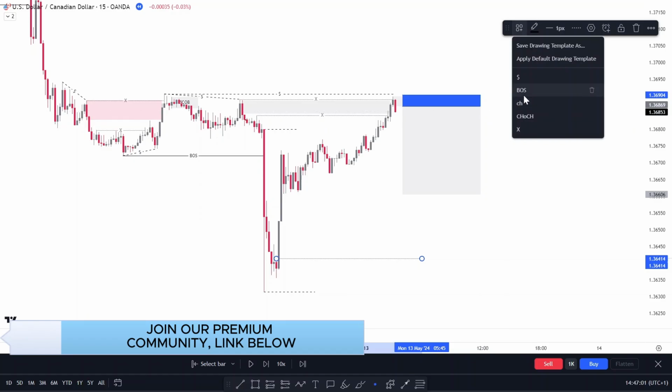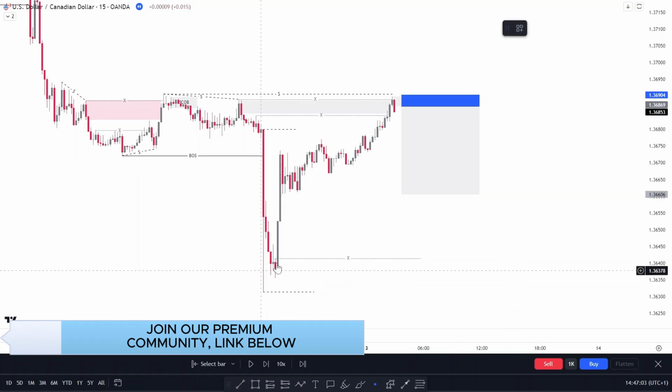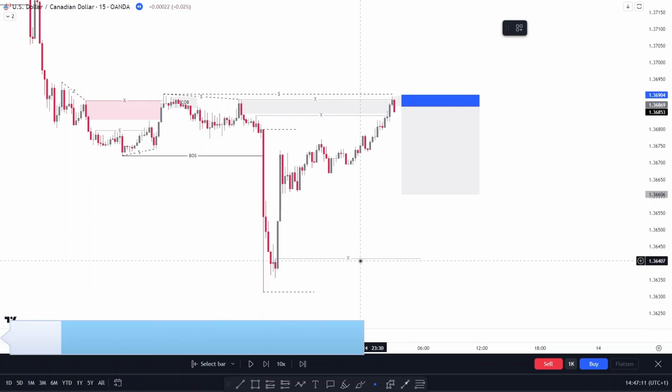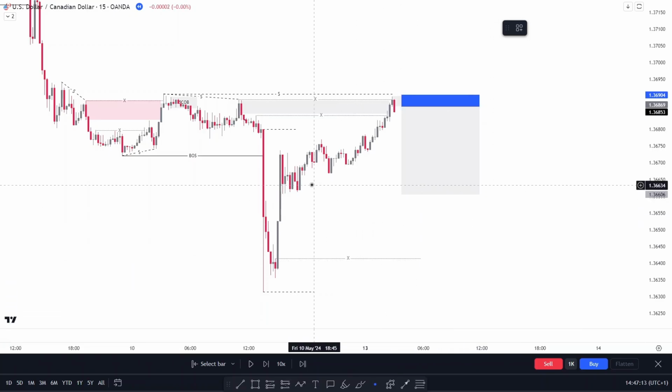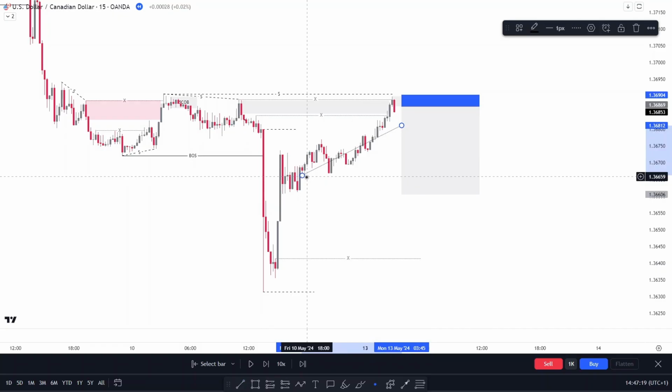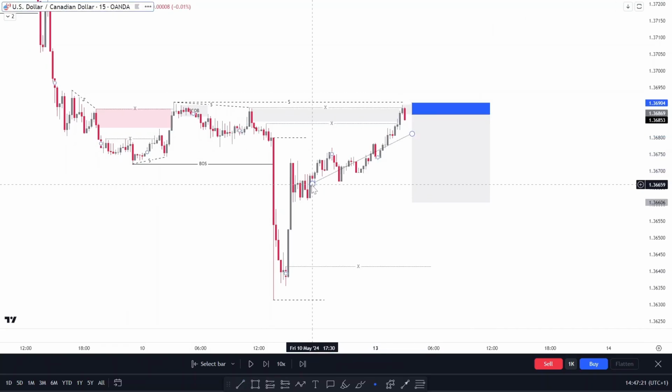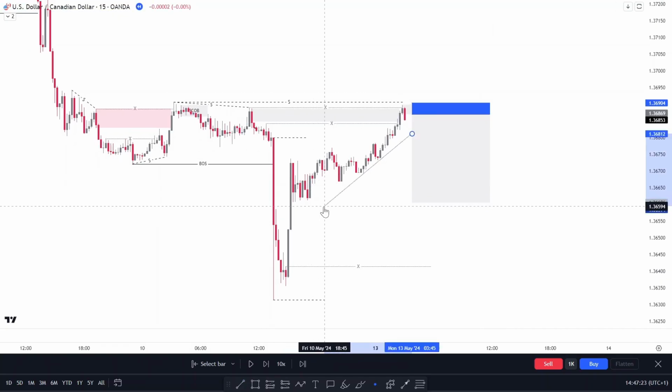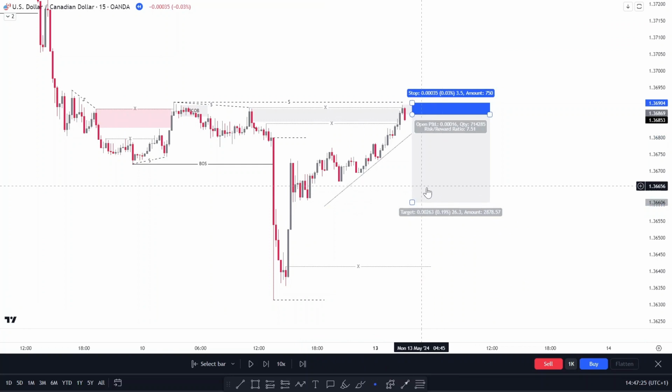This is like an internal structure, but it is an order block, right? So the market may make a reaction here. That's why I'm placing my second take profit here, and I'm placing the other one here. Why? Because this one here is your trend line. So it is like a liquidity zone that the market will possibly grab. After the market grabs liquidity, it always makes a small reaction in the opposite direction before continuing its way.